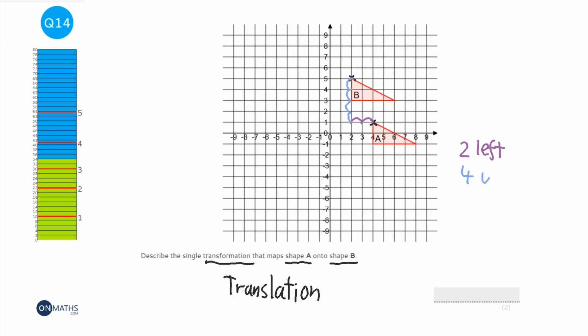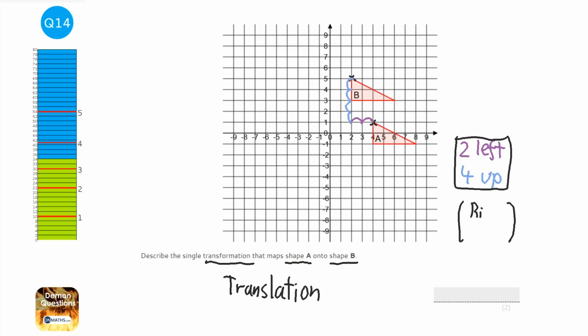So 4 up. Now the way of showing translations is by using vectors, and it sounds fancy, but it's just putting this information between a bracket. The number at the top of the bracket is how far right it's gone, and the number at the bottom is how far up it's gone. Well, let's do the number at the bottom first.